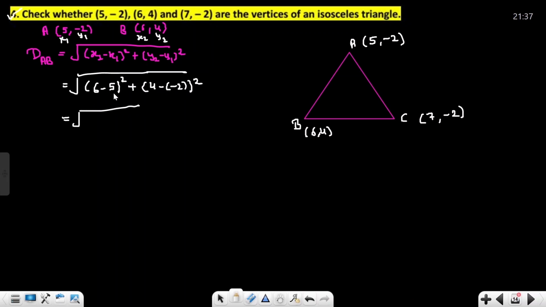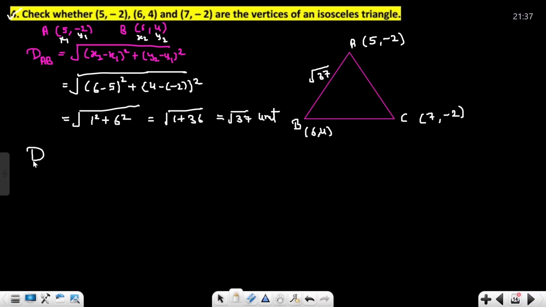Now what do we get? 6 minus 5 is 1 square plus 4 minus minus 2, so 4 plus 2 is 6 square. So what we get? 1 plus 6 square is 36 and we get 37, root 37 unit. First side length is root 37 unit.